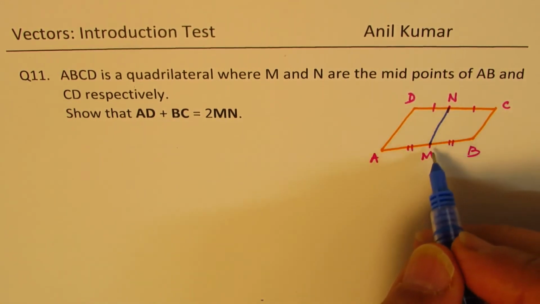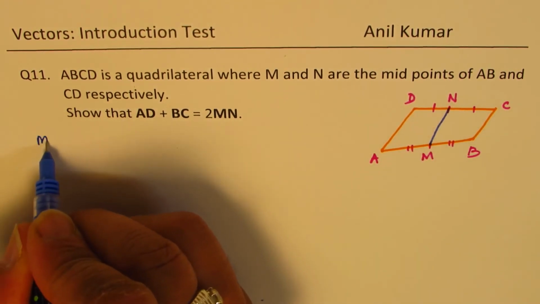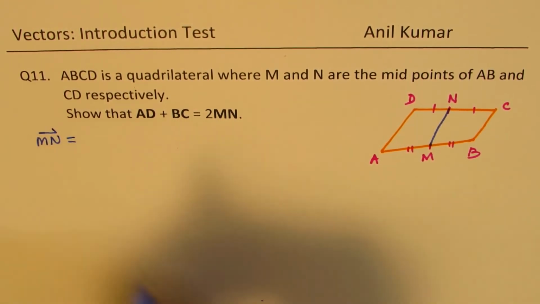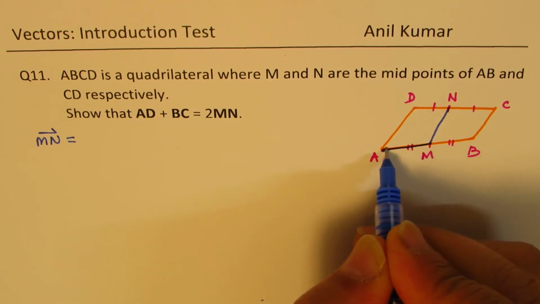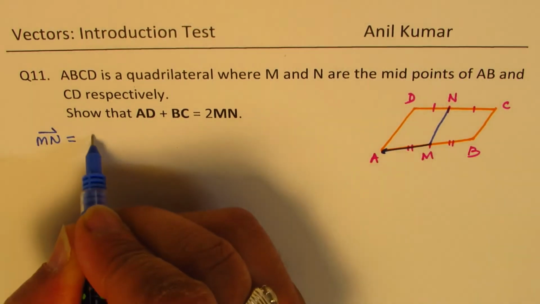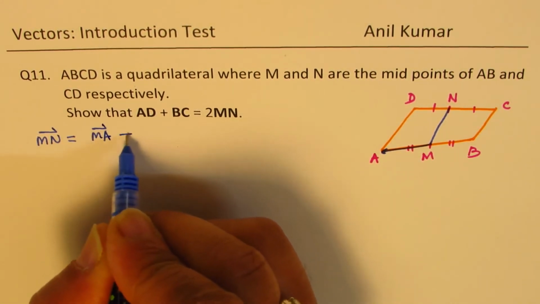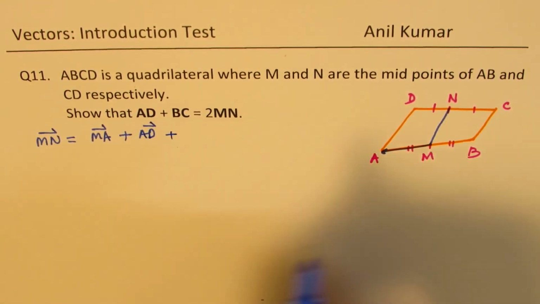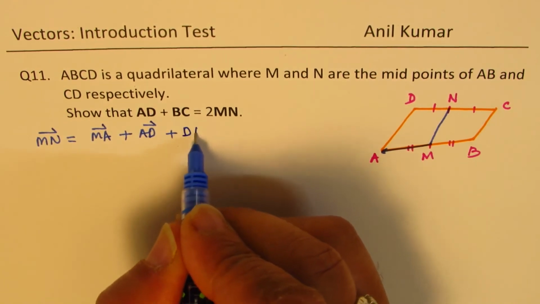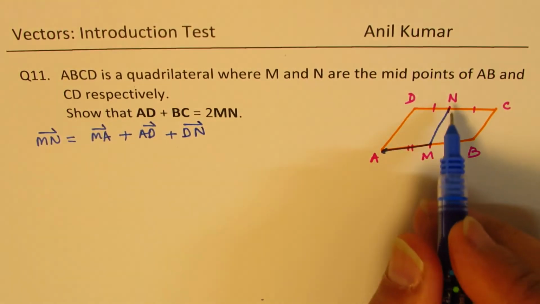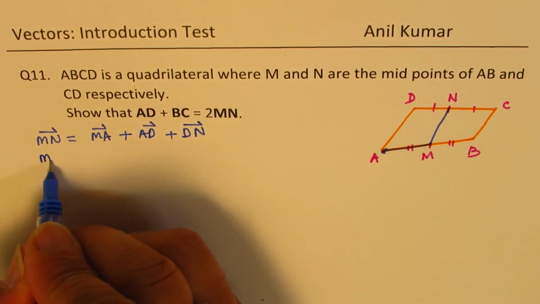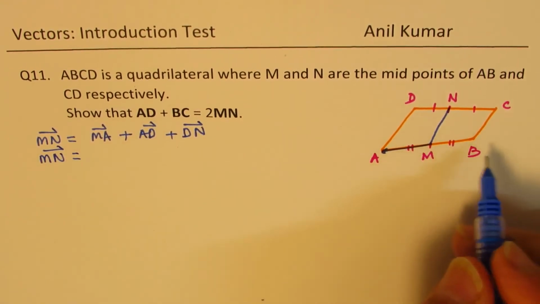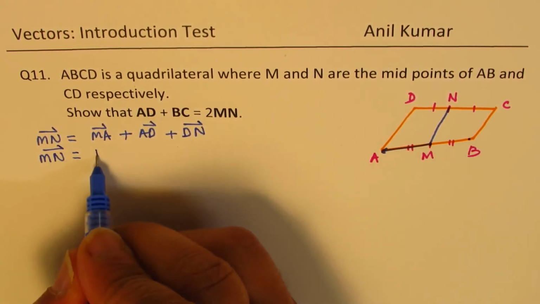So we could write MN from this side. We can say this is equal to MA plus AD plus DN. And MN can also be written as M to B, right?